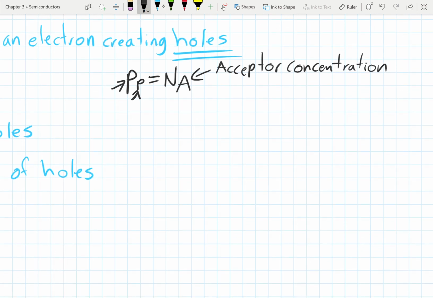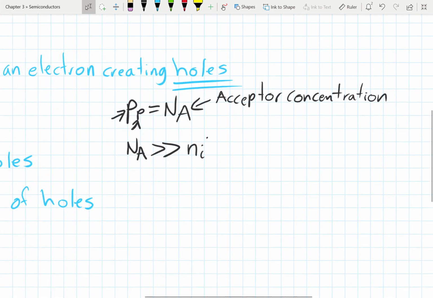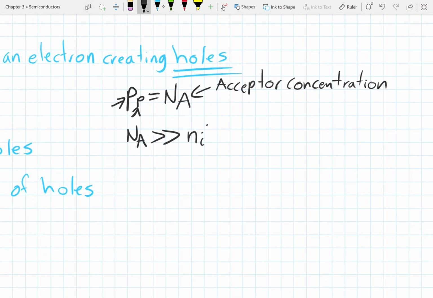And similarly, the number of acceptors is going to be way bigger than the intrinsic concentration. And just because of this, the number of holes is way bigger than the number of electrons.